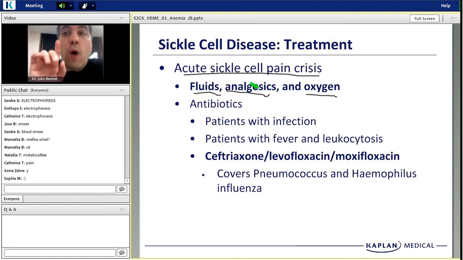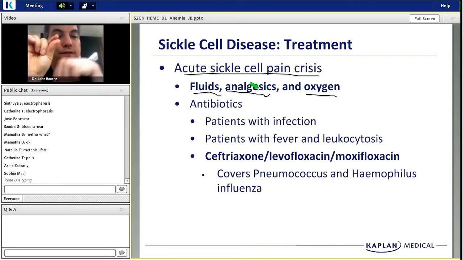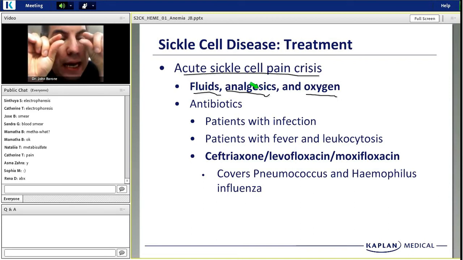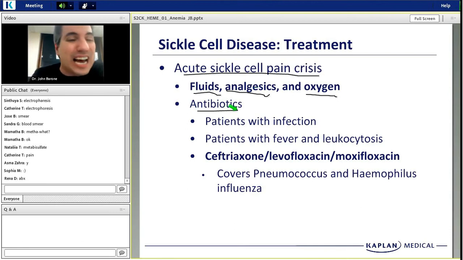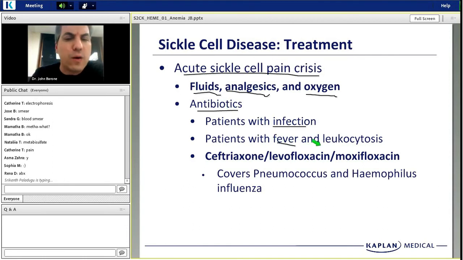Now, if the white count is up even a little bit, if there's a fever even a little bit, you give antibiotics. You don't fool around here because they have no spleen. They will get septic very quickly. You must give antibiotics with any sign of infection. Any sign. Slight fever, slight white count.